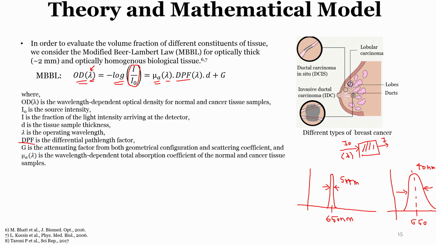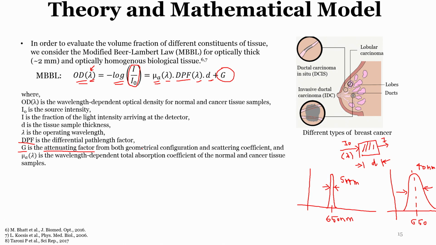Here is the definition of the differential path length, which is again a function of lambda, and then this is d, that is the thickness of the tissue, and finally we have the factor G. This G is the attenuation factor, from both the geometrical configuration and the scattering coefficient, and we do not want this term. So, we will try to remove this term out of the equation.